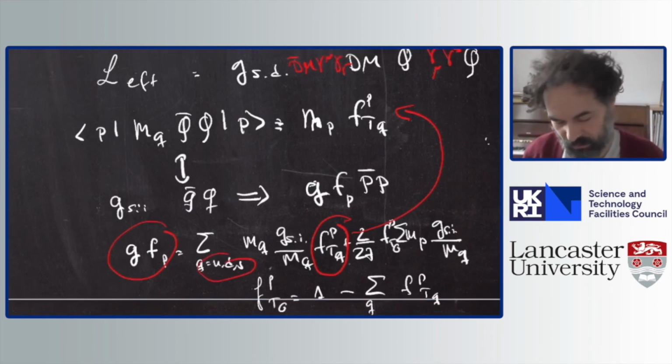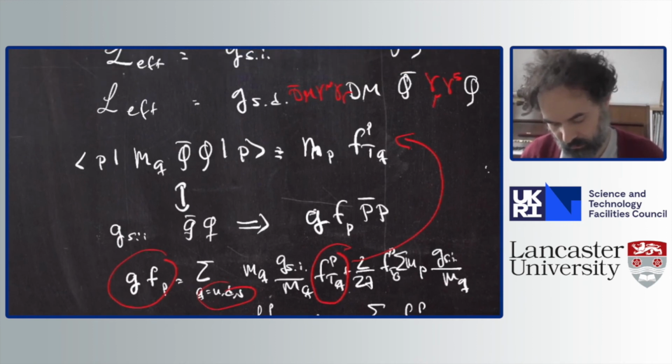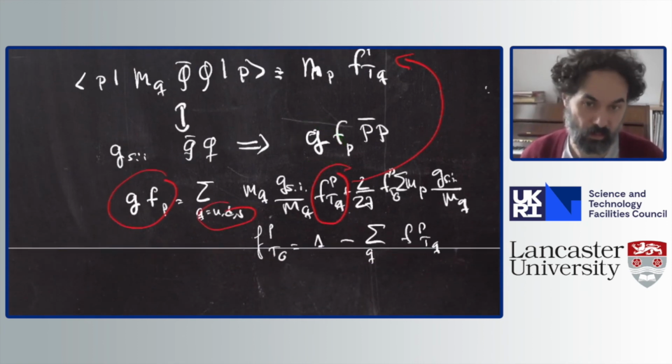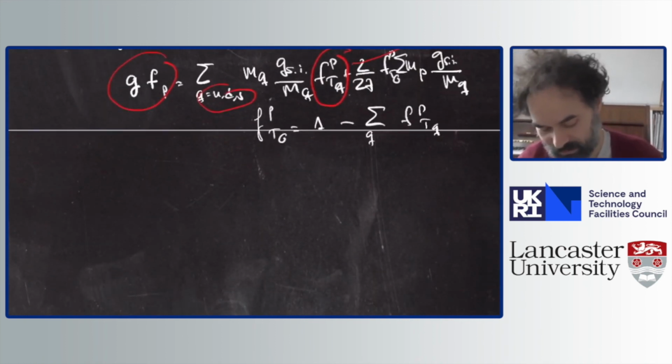The important thing is that given the coupling to quarks, you can derive what is the effective coupling to protons, and the same you can derive for neutrons, sorry, for protons and neutrons.